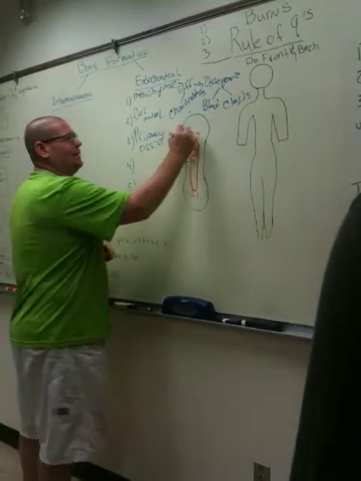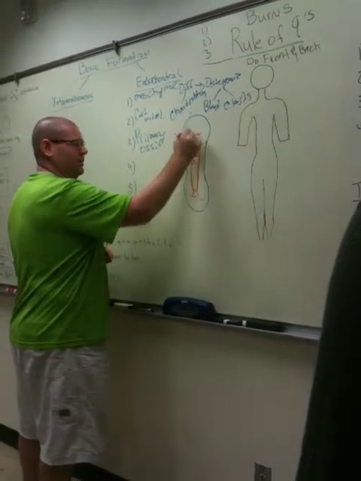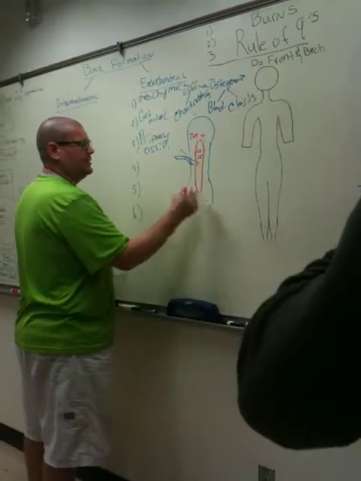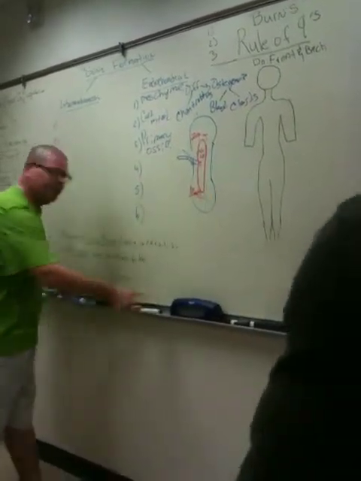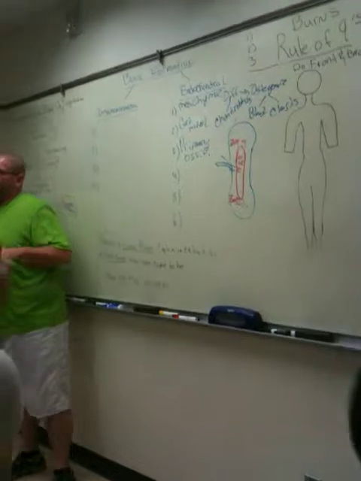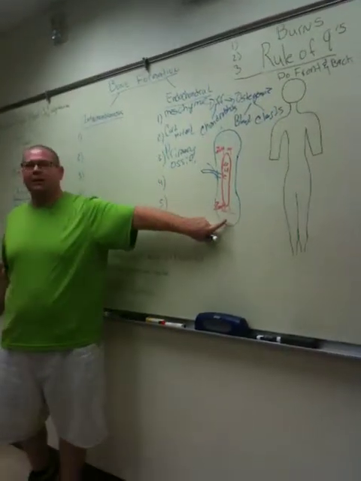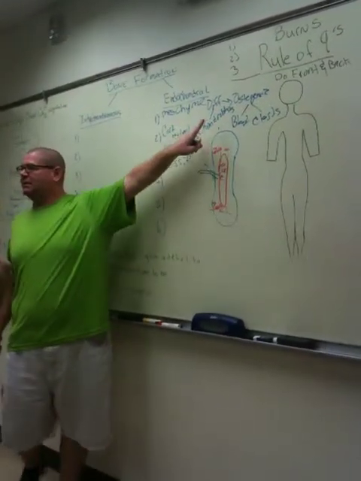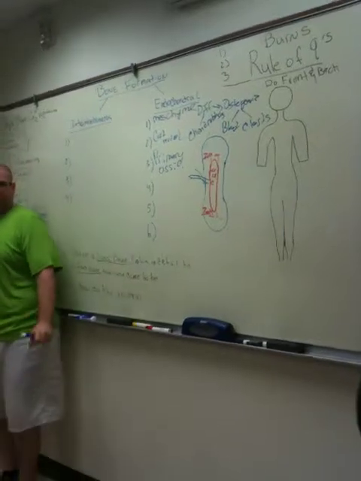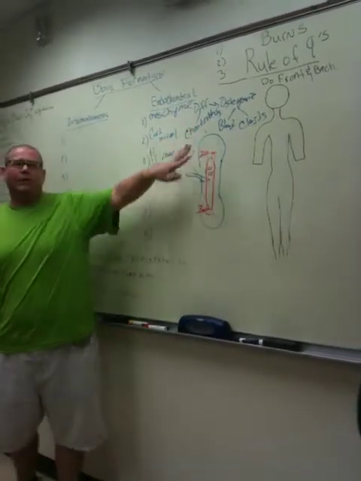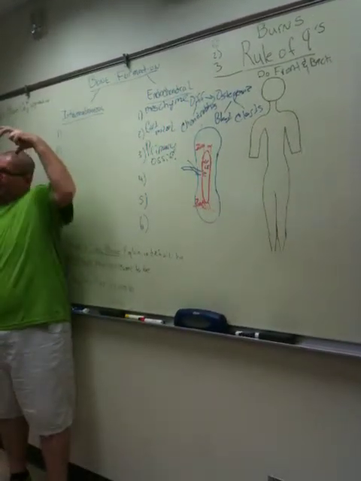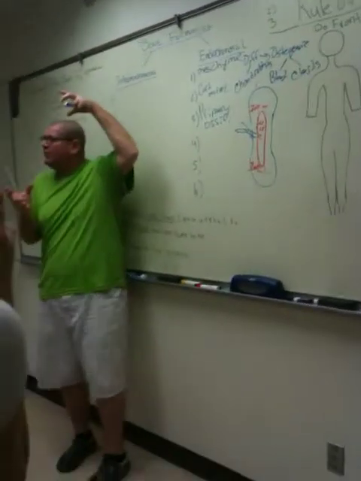These secondary ossification centers show up, and they start developing the epiphysis. So that's where we get the long bone caps. They look really good now. It's like a dumbbell.